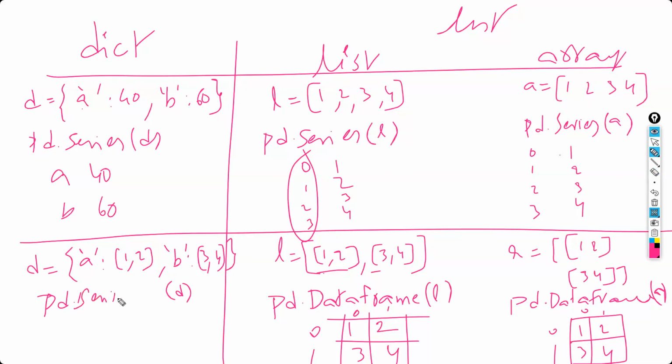In a series, it simply takes the first value followed by the second value, two values along with A and B like this. Values will be stored in a single column. Now, I don't want to create a single column. I want multiple columns. What is the difference between series and data frame? Series means single column, data frame means multiple columns. Data frame means data stored in multiple columns. Series means data stored in a single column.